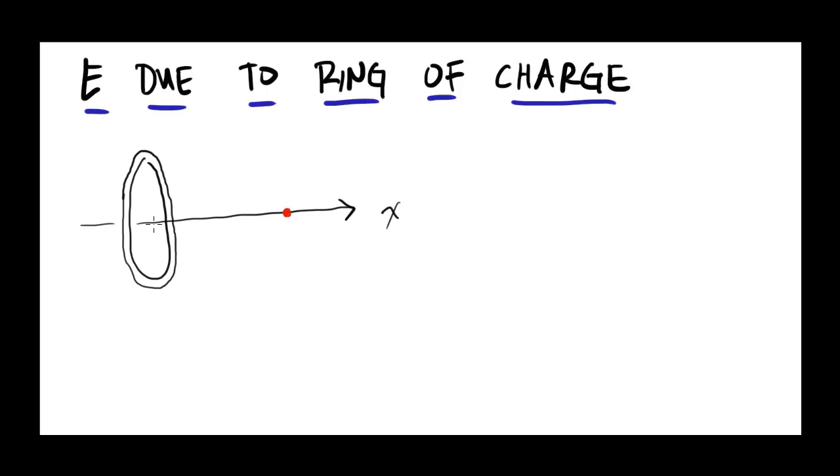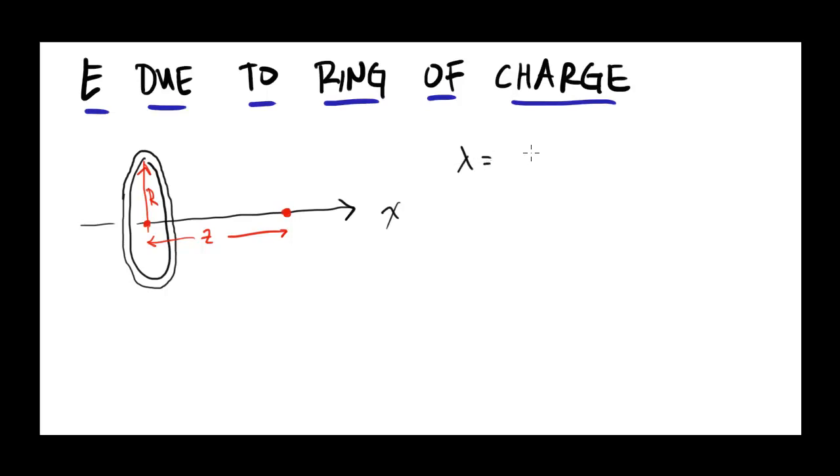First of all, let's decide that our ring has a radius capital R. That's the radius of the ring, big R. And we'll imagine that the point we're interested in is a distance z away from the center of the ring. So this distance from our point to the center of the ring, we're just going to call z. This ring has a uniform charge density, which means it's a linear charge density again, so we'll call that lambda.